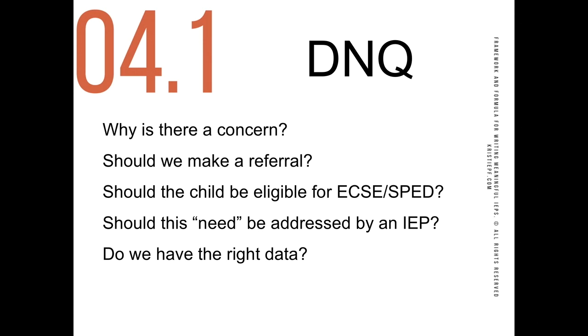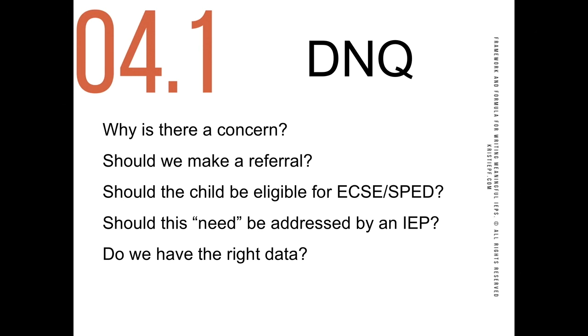To set the stage, what often happens is that there is a concern. Someone wants to make a referral. There is a sense that the child might benefit from early childhood special ed. They feel that the needs can or will only be addressed if they're put on an IEP, and they have some data to suggest there is some sort of gap in the child's performance, a delay, a struggle, a stall in terms of the next milestone.